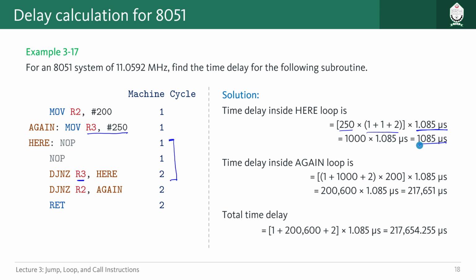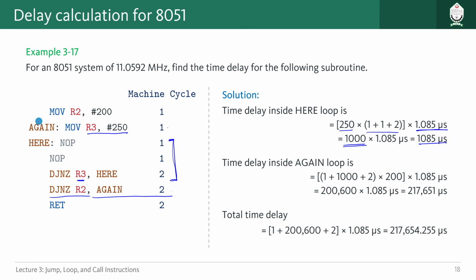Then, this is the number of machine cycles done inside of this loop, 1000, right? With that, this amount will be added when we are talking about the outer loop.